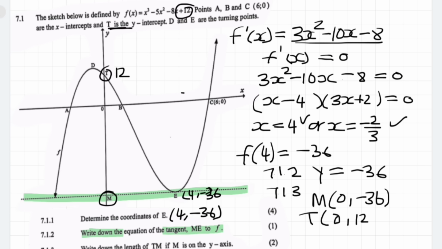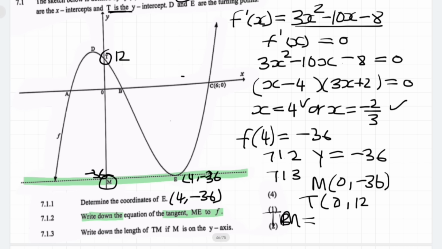So if here is 12 and here is negative 36, what will be the distance? To find TM, we're just going to take the top number minus the bottom number. The top number is 12, minus the bottom number, negative 36.